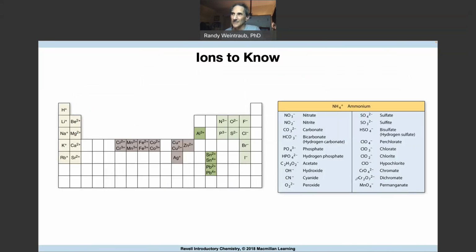As you continue in our study of chemistry, it's essential to know the structure, the formula, and charge of common monoatomic ions and polyatomic ions. These tables provide a summary of the most important ions. You'll be provided, for the most part, a periodic table and a table of the most important polyatomics.